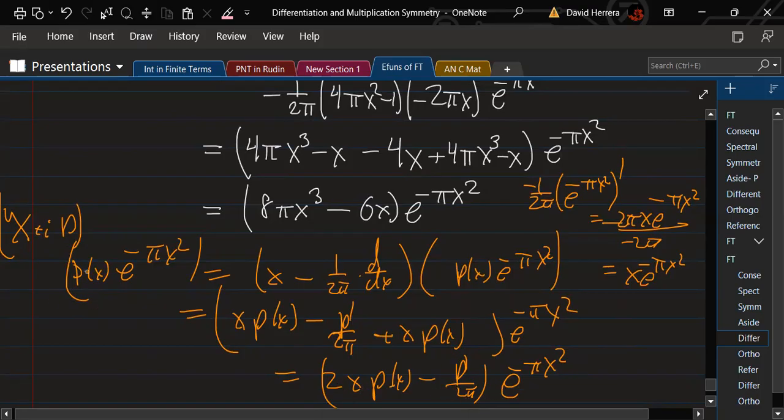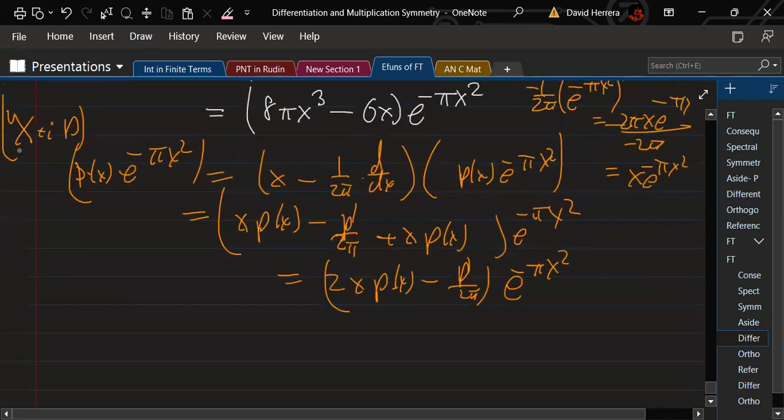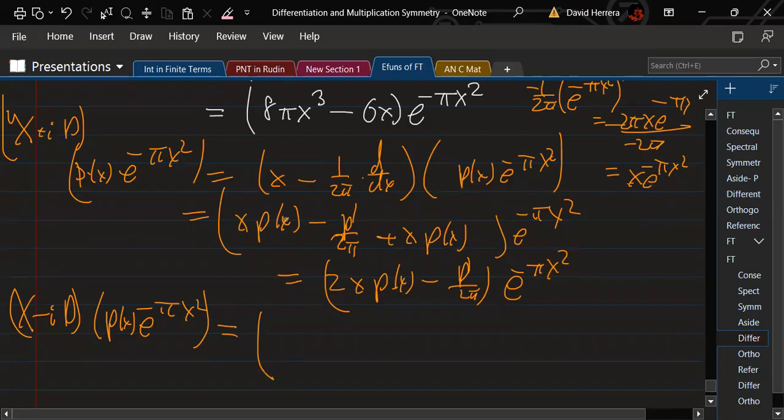So you see here that it's increasing the degree by 1. And that's actually why you can see that this thing is the raising operator, because it took the p and increased the degree. However, if you had x minus id, this is where you can see that it's the lowering operator, because instead of having x times the Gaussian, you get negative x. So everything is the same here, except these signs are different. So x p of x plus p prime over 2 pi minus x p of x.